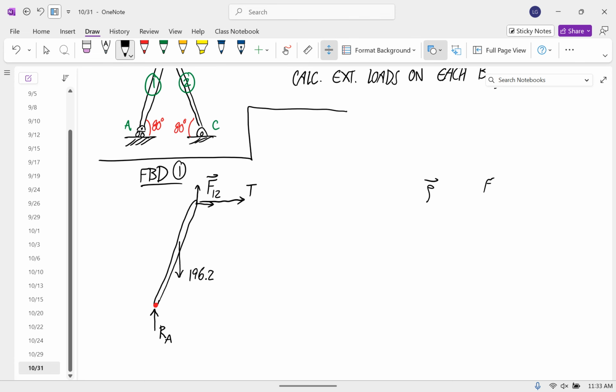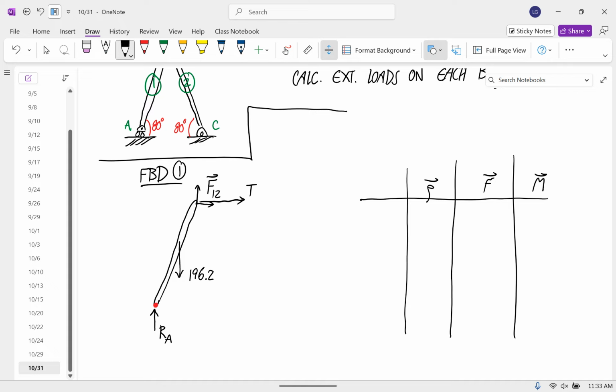Row, force, moment. By the way, I've seen some stuff in the weekly assignment. I just graded a weekly assignment finally, and some people filled out the table like my solutions do, which is perfectly fine.